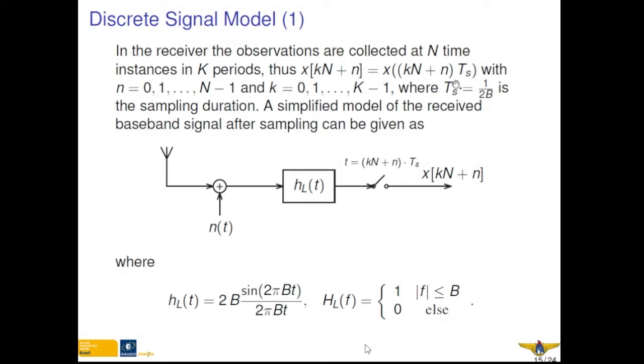And we have a sampling duration TS, which is equivalent to 1 over twice the one-sided bandwidth of the signal. This bandwidth is given by this ideal low pass filter. Here you can see the frequency representation and the time representation of this low pass filter. The low pass filter is constant from minus B to B and is 0 otherwise.